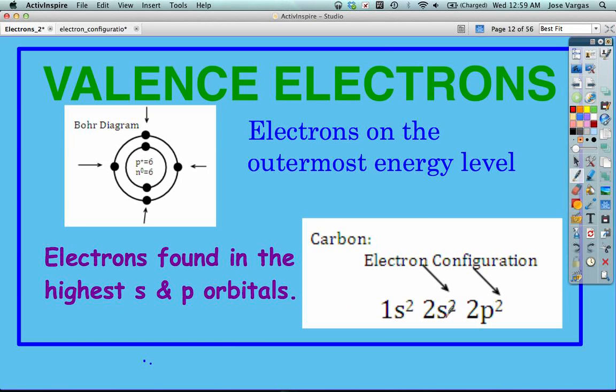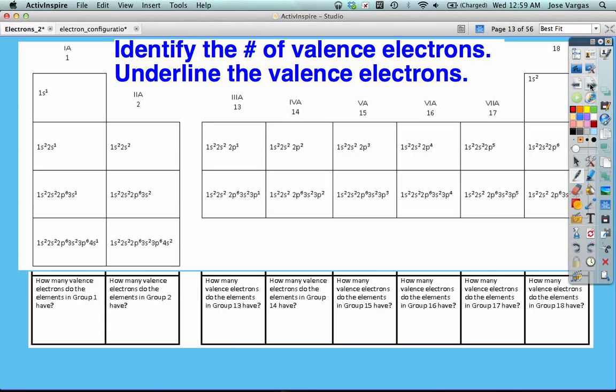So if we look at the highest, the 2 would be highest out of those two, and we add them together, so 2 plus 2 is 4. So the number of valence electrons for carbon would be 4. So just another trend here.